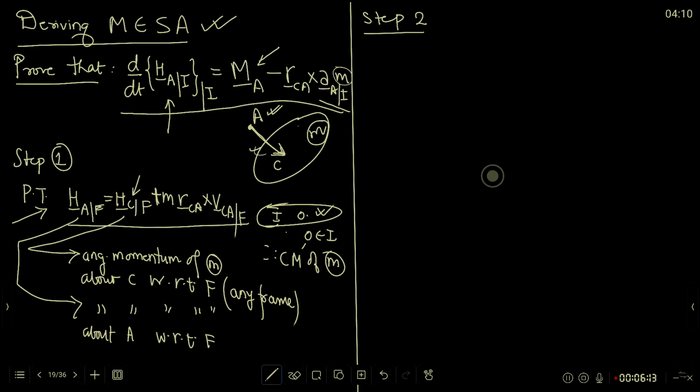VCAF is velocity of point C relative to point A with respect to frame F. This I did prove. I did complete this proof in the last class.